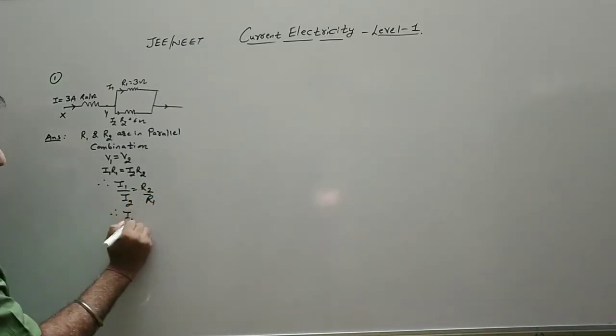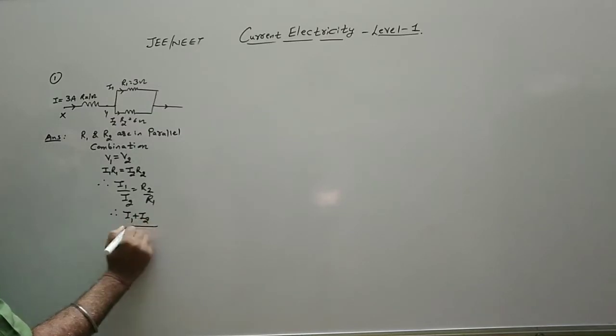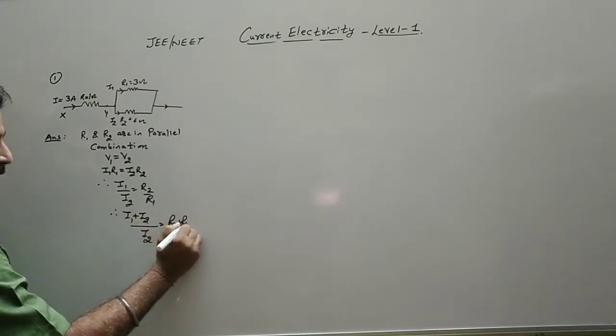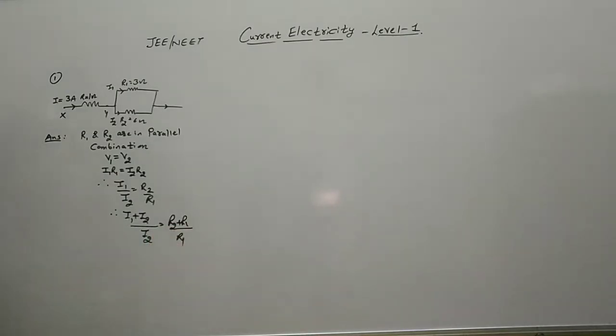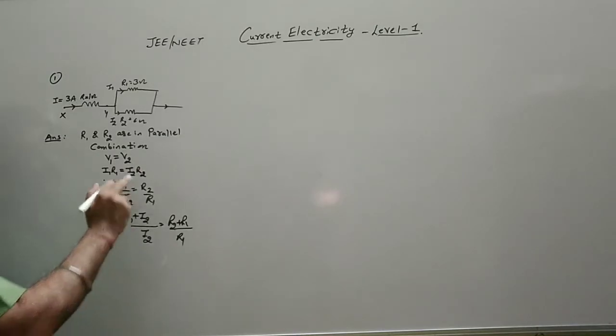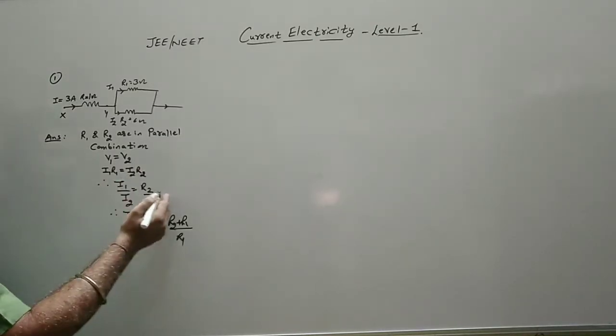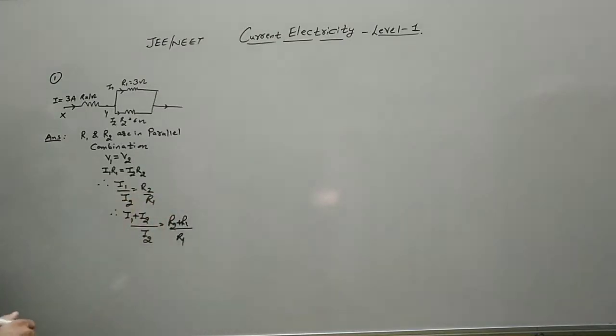Therefore, (I1 plus I2) upon I2 can be written as (R2 plus R1) upon R1. That is componendo, or simply you say that the denominator is added to the numerator. The same process is done on the other side. So that is the componendo method from mathematics.